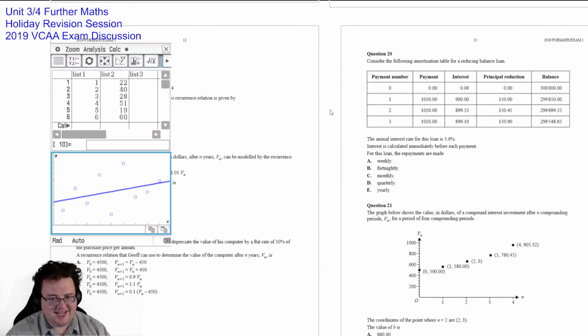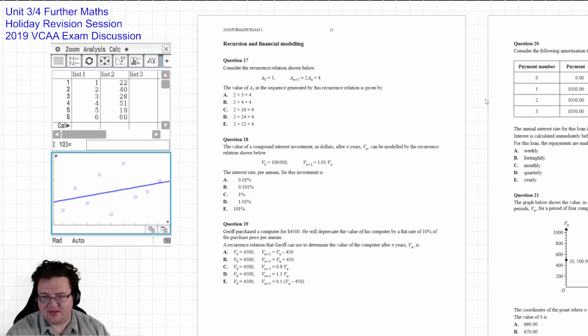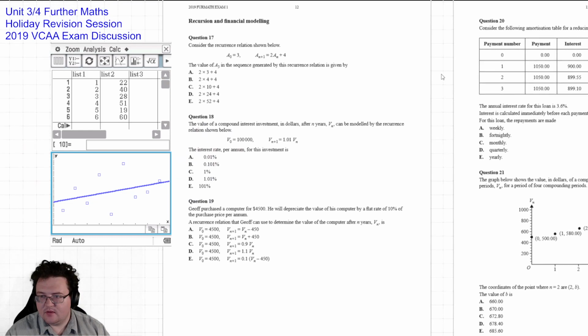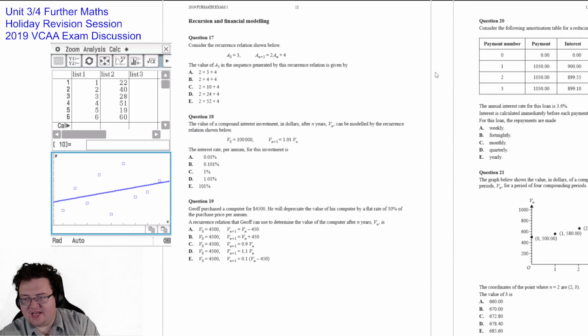Recursion and financial modeling. Everyone's so happy. The value of A3 in this sequence generated by the recursion relation is given by what? So, A0 is 3.